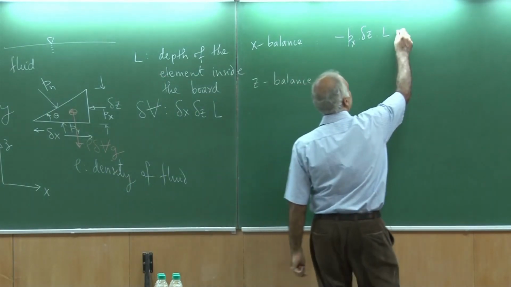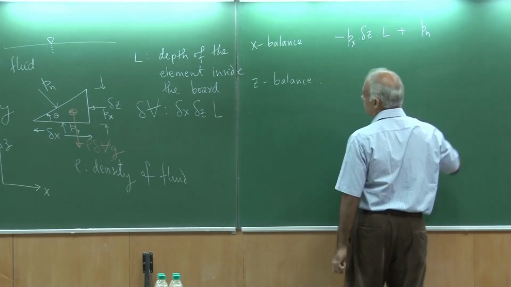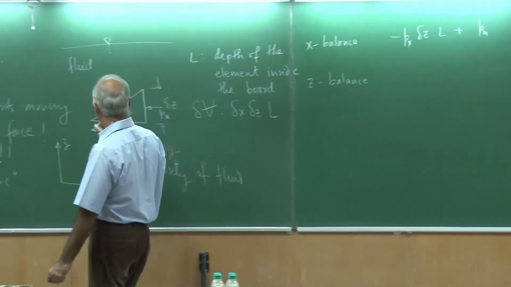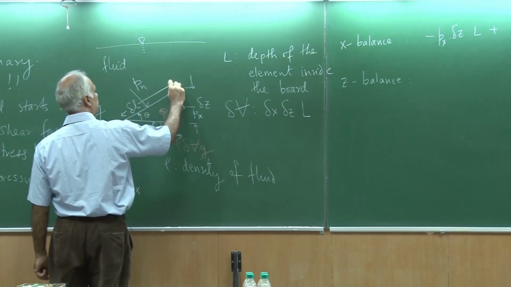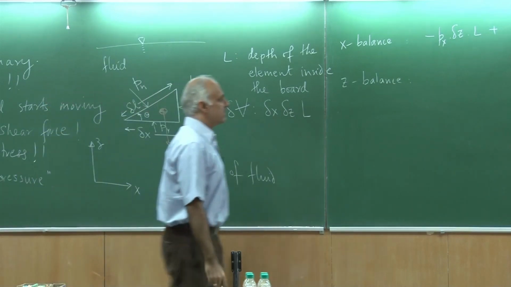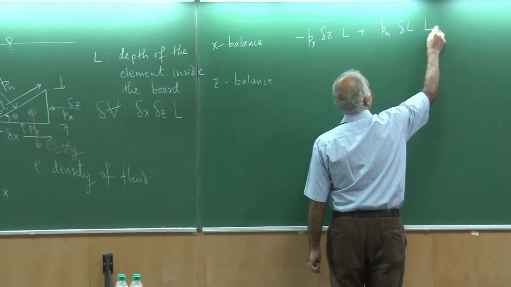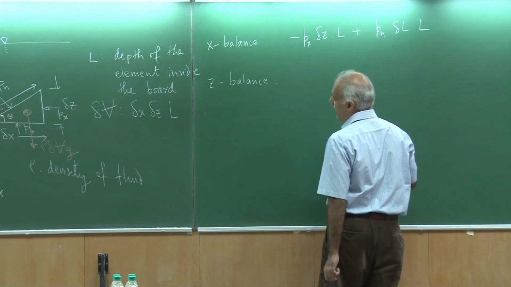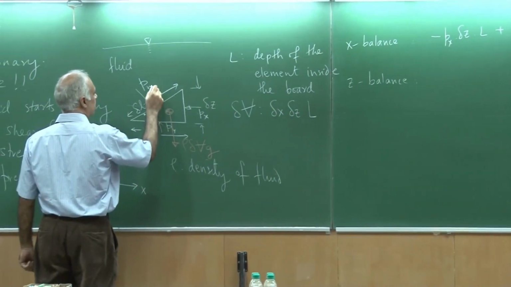So I'm going to write this as plus Pn times, suppose I call this length delta l, so this would be Pn times delta l times L, and I am going to take the component of this.